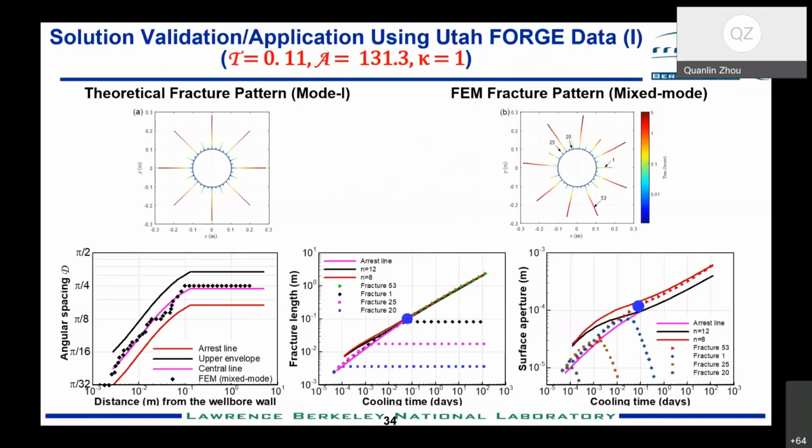And then for the application, again, we use the Utah Forge data with the parameters. But now we assume stress isotropy, K0 equals 1. And then we have this fracture pattern, and we have the fracture angular spacing, fracture length, and the fracture surface aperture.